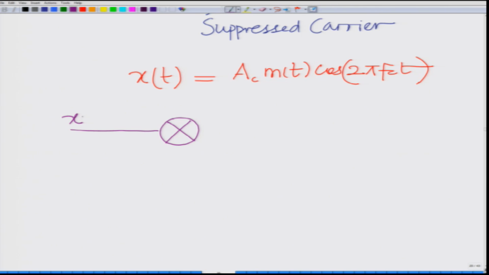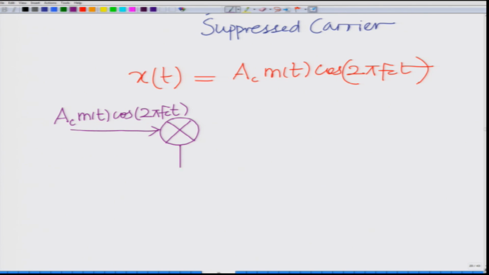This is your incoming signal x(t), A_c m(t) cosine 2 pi f_c t.